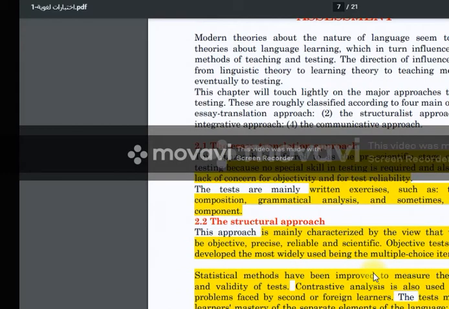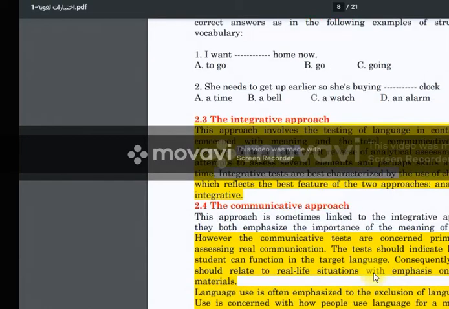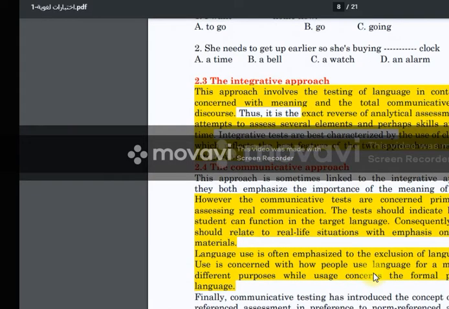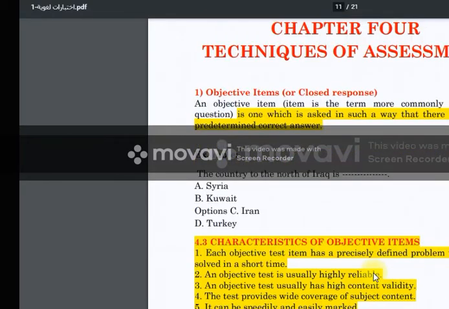The answer is either correct and the student gets full marks, or it is wrong and the student gets no mark or 0 mark. So the main feature of an objective test is that it is liable to be processed statistically by doing statistical procedures and formulas.